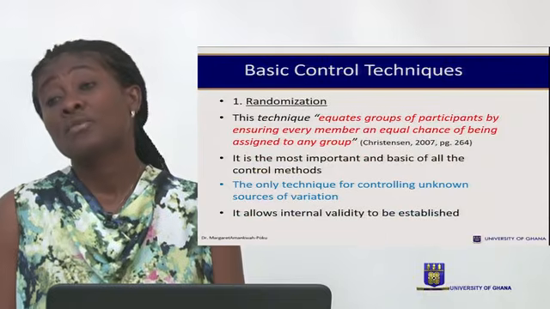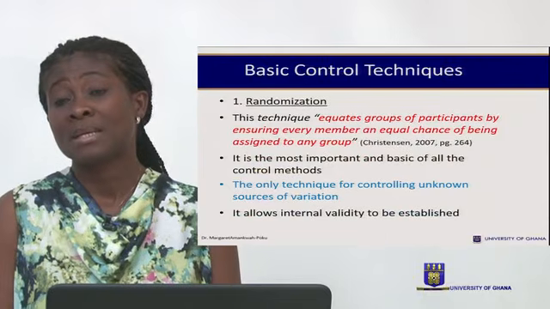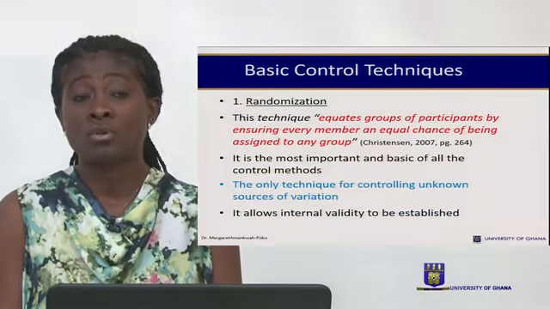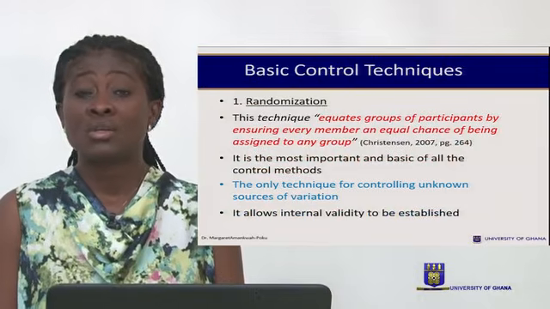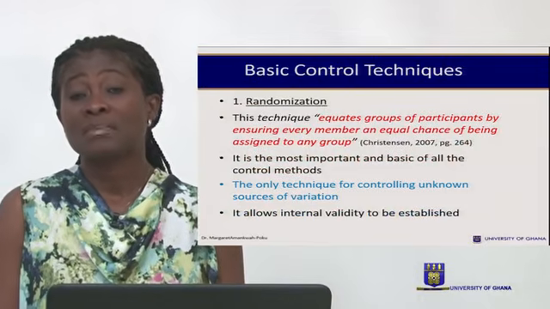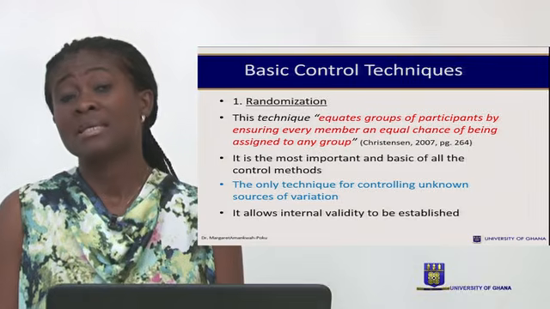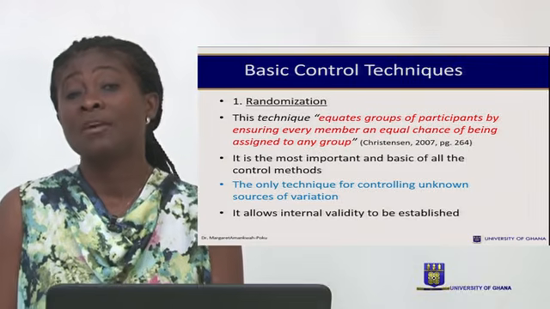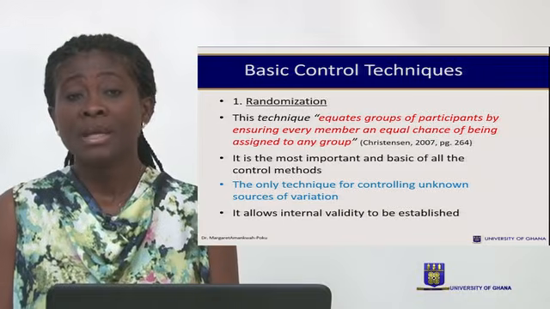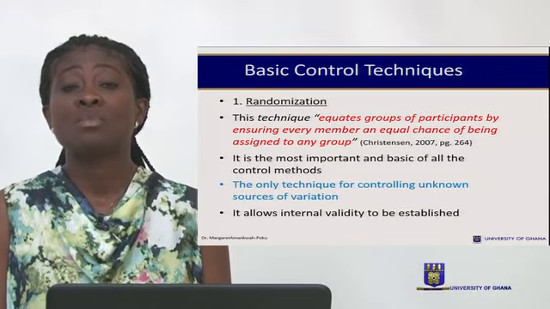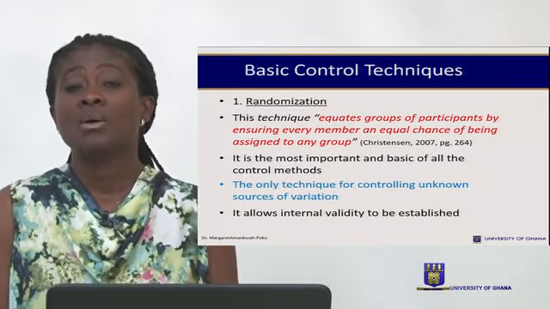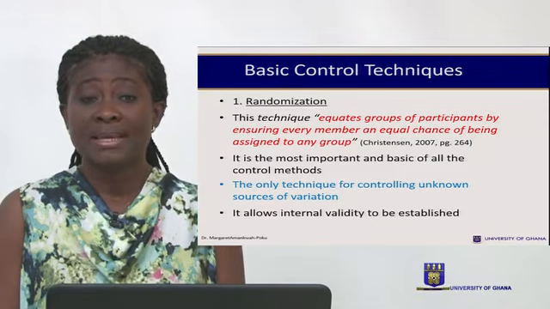So if, let's say, we have two groups of participants, the experimental group and the control group, randomization ensures that if we have 30 participants, each of the 30 participants stands a chance of being in any of the 2 groups. So randomization is the most important and basic of all the control techniques.